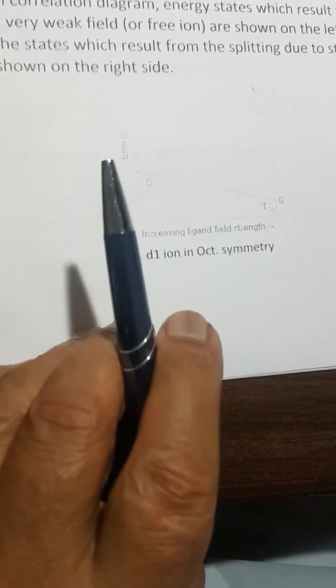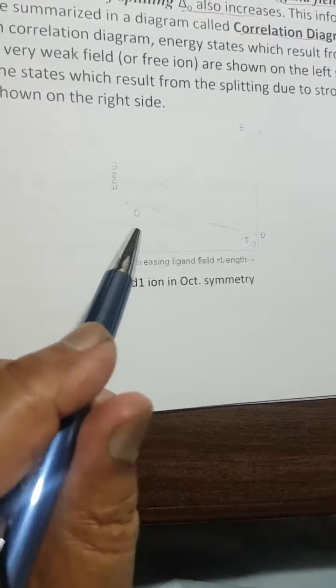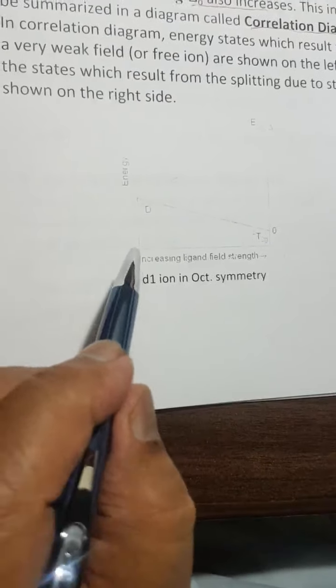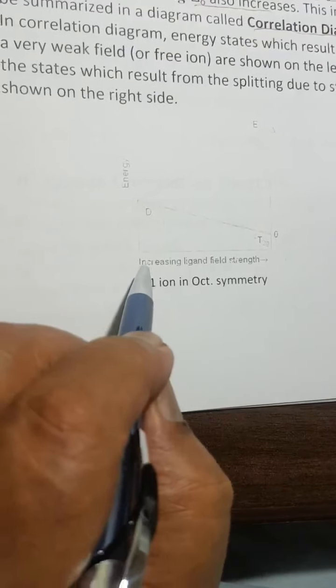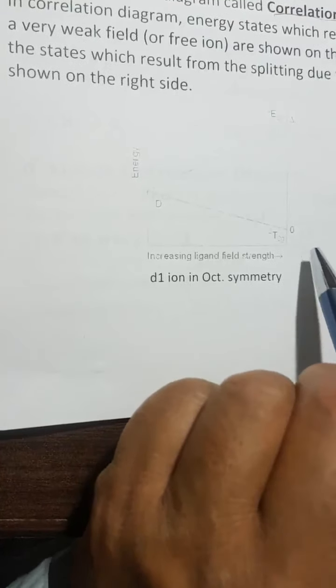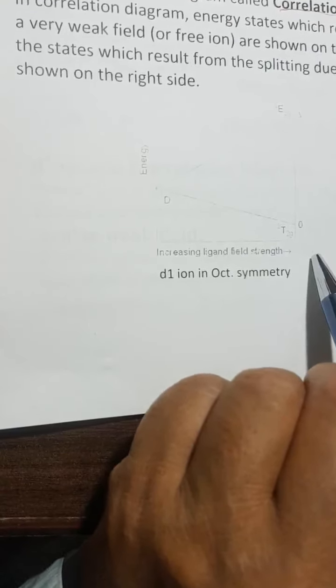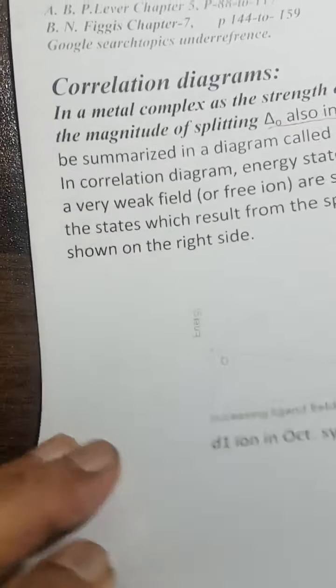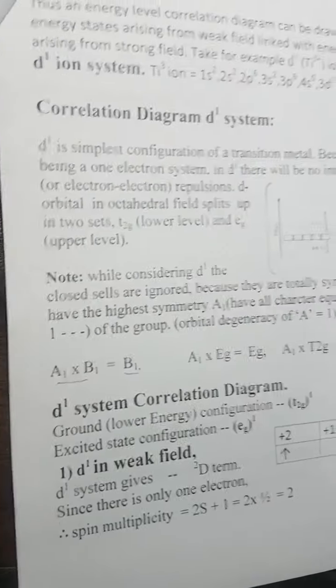Just after a few minutes, I will be explaining that we take the weak field states on left side, and the strong field side on right hand side, and we connect them with line. That is the concept of the correlation diagram.